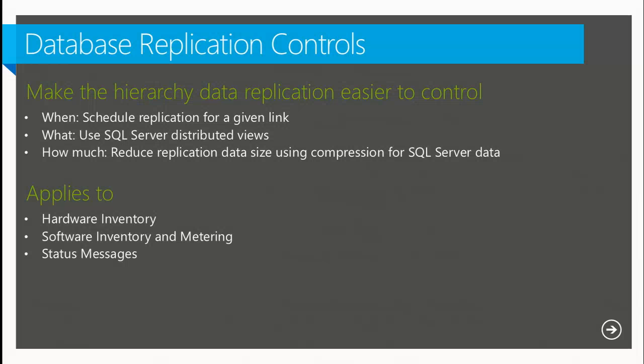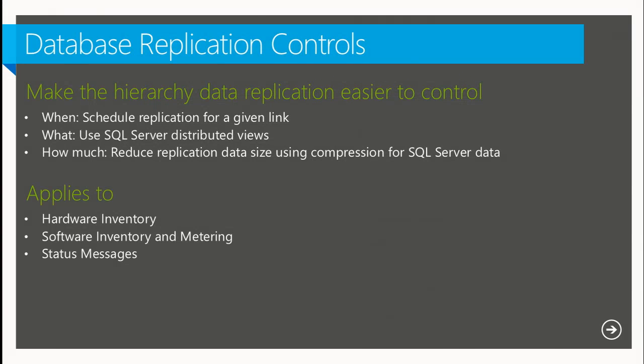Database replication controls are available in Service Pack 1. In this case, if you have a hierarchy and you have links that you want to control replication for, I'm talking specifically about hardware inventory, software inventory, and metering, and status messages. These are really the bigger chunks of data. For these, you can now control per link when the content is going to be replicated.